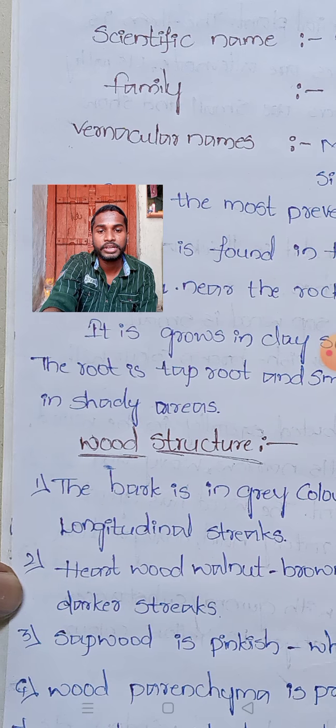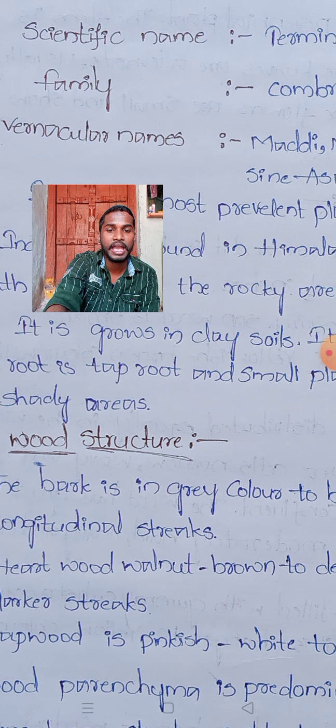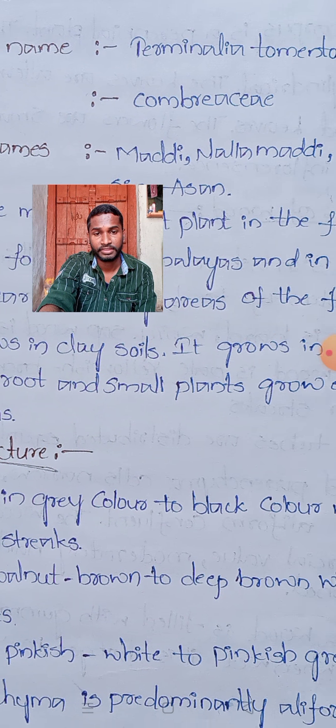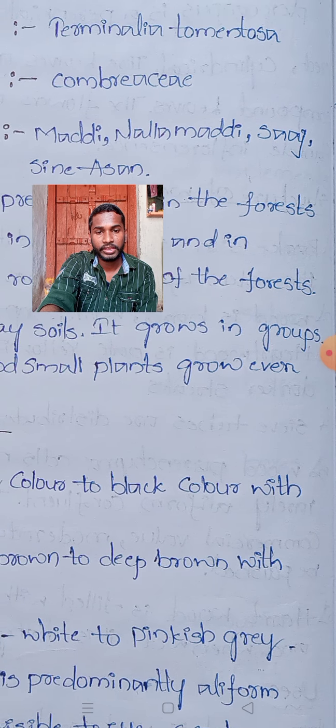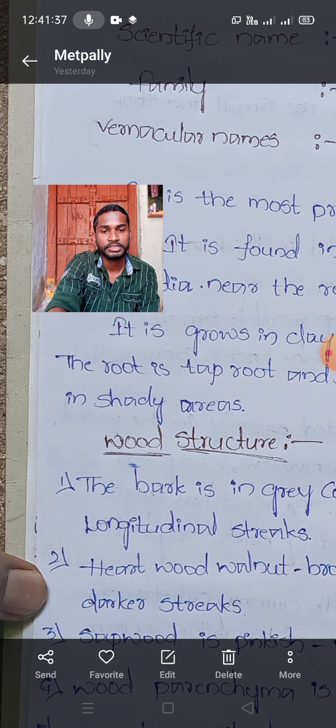The root is a taproot, and small plants grow even in shady areas.